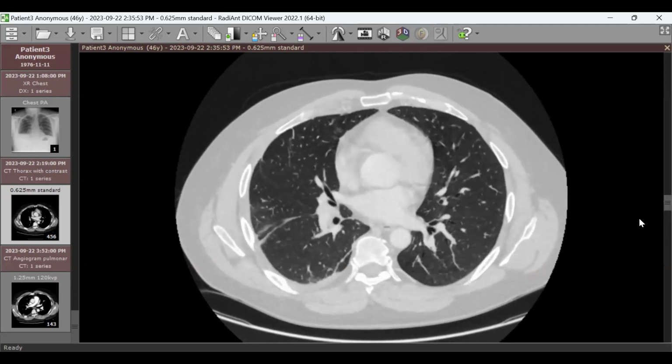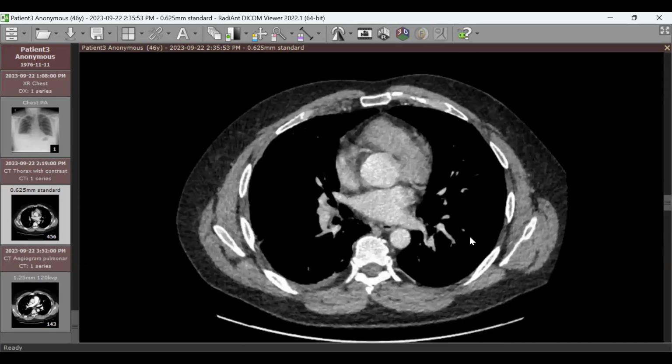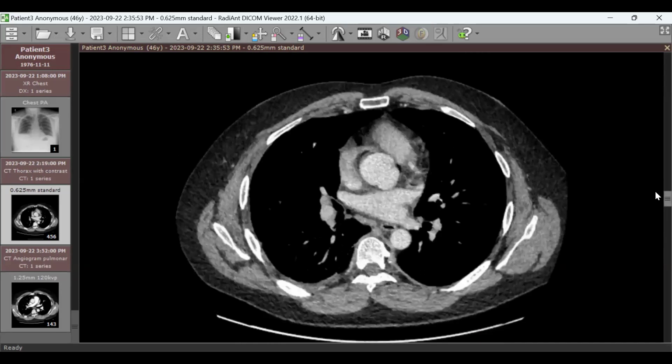Now, when we evaluate the CT chest, let's assume that we finished the lungs, okay? What other structures do you need to evaluate? Besides the lungs, the mediastinum. Yeah, okay. Have a look.